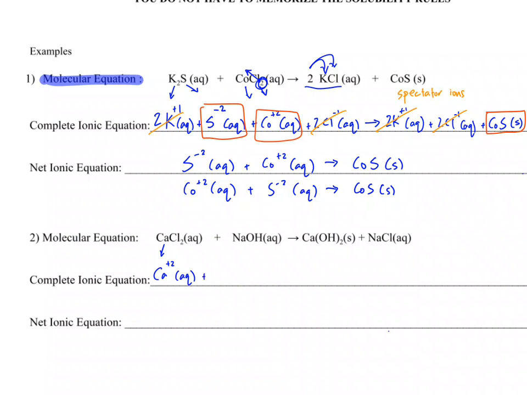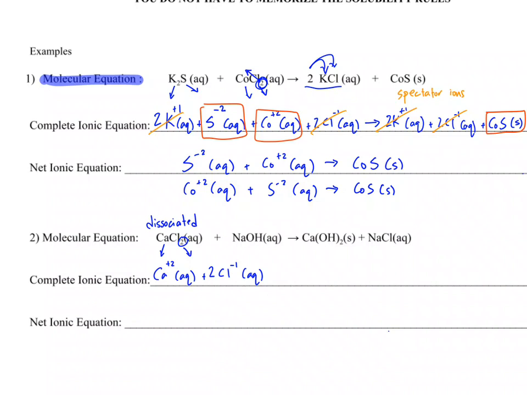I'm going to also break down chlorine into Cl -1, which is also aqueous. Now, this subscript 2 tells me that I've got 2 chlorines, so it's 2 Cl with a -1 charge. So remember, this is dissociation. Calcium chloride has been dissociated into ions.